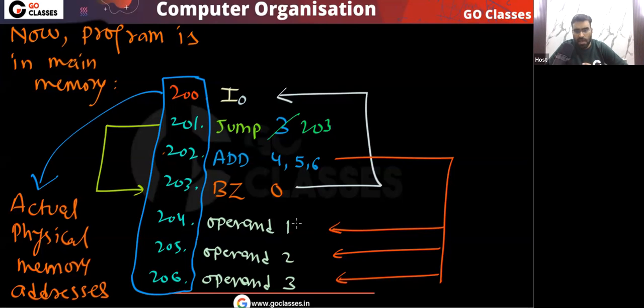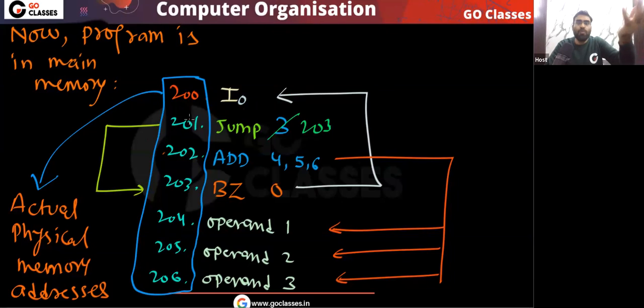If I put the physical address here, will it be relocatable? Our target is to make it relocatable or not? If I put 203 here, then this is not relocatable. So I cannot put 203, because this is not relocatable.